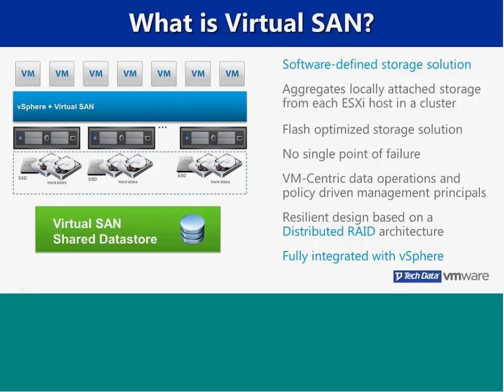You also have the ability to specify a specific flash cache reservation. So you could say, out of the entire flash tier, this application requires 10% of usable capacity at any given point in time, which gives that particular VM or application a specific percentage of the flash at any given time.